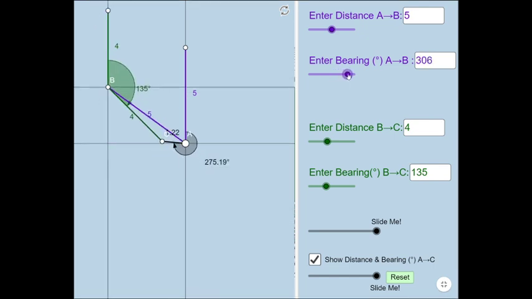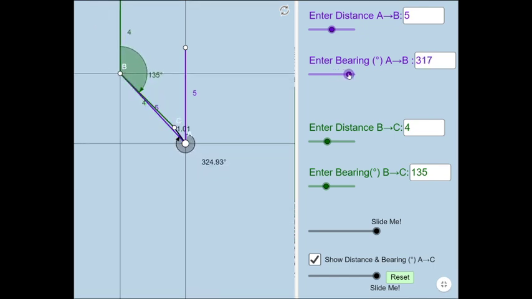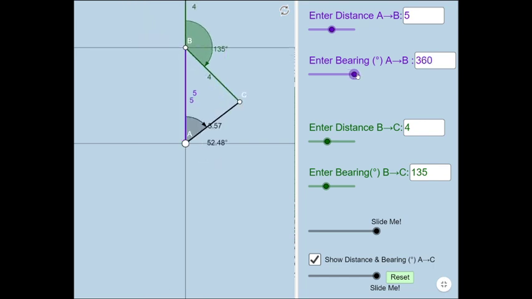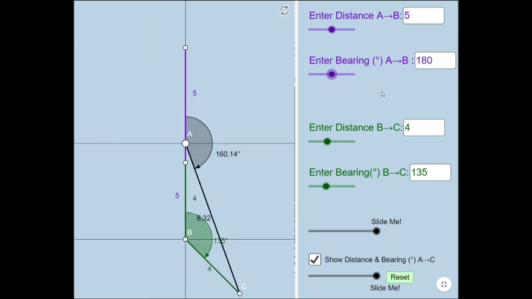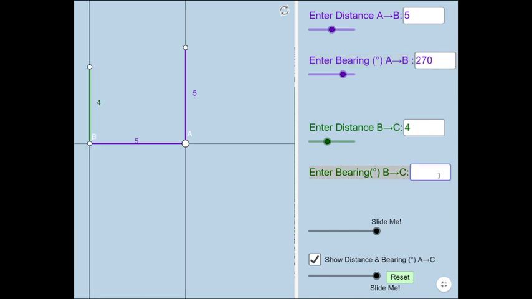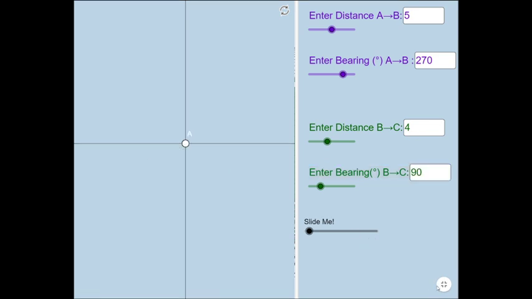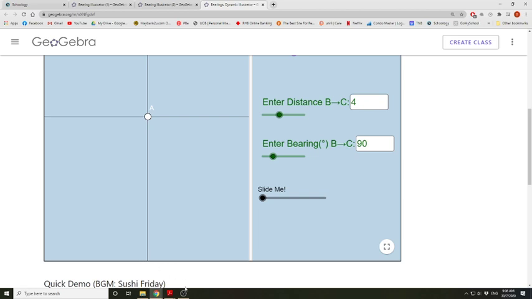So if I put 180, and then this one I put 270, here I put 90, what do you think will happen? C will go back to almost A, near A there. You can play around with this.